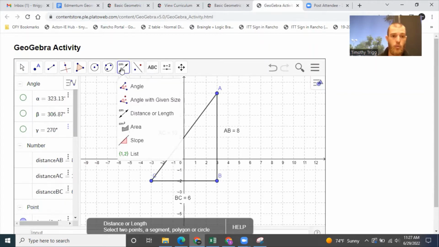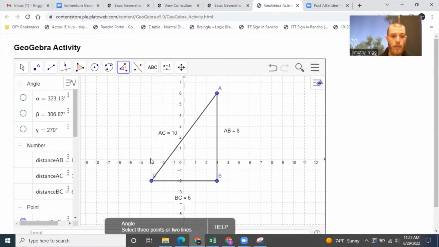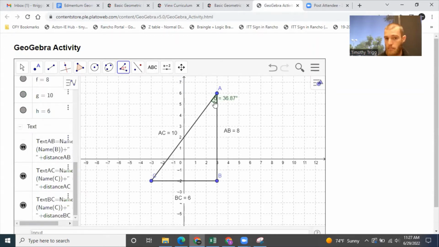So go back to distance or length right here, go to angle, click CAB to get angle A, B, C to get angle B, which is 90 degrees in this case, then B, C, A to get the measure of angle C. You may need to move these things around so you can clearly see. Okay, just like that. Then record the side lengths and angles that you see here.